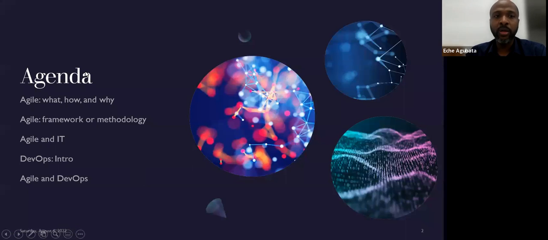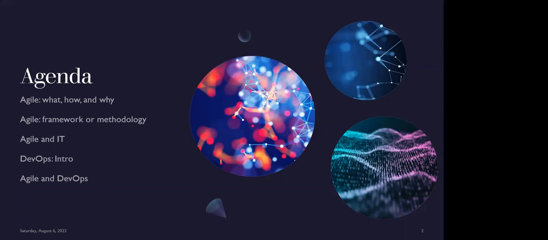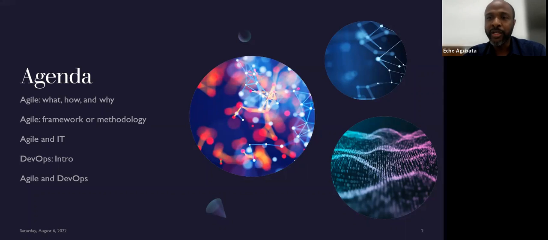All right, so this is my agenda, okay? Agile: what it is, how it came about, and why. We would also talk about whether it's a framework or a methodology. People mix it up. They say Agile framework, Agile methodology. Then we'll talk about Agile and IT, meaning how this Agile thing fits into IT.